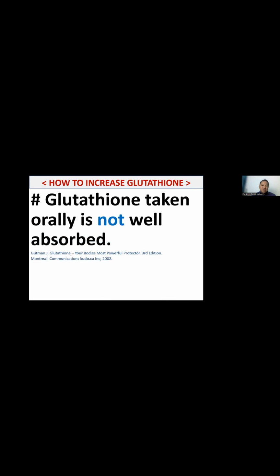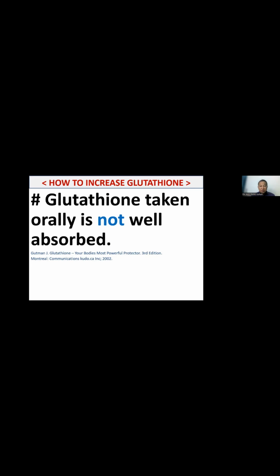Okay. So with the importance of glutathione overall and specific for fitness, exercise, and sports, and knowing that as we age, glutathione goes down, now let's look at how to increase glutathione. And the first thing to remember again is that glutathione taken orally is not well absorbed.